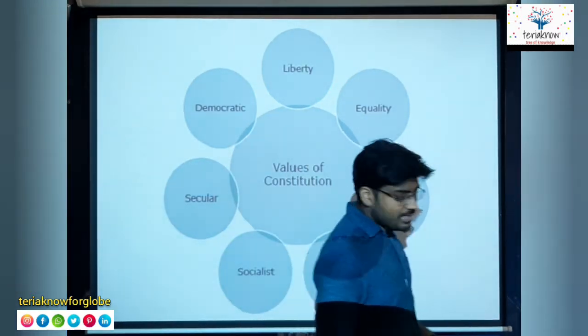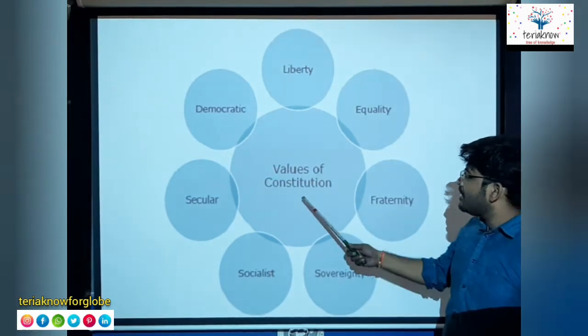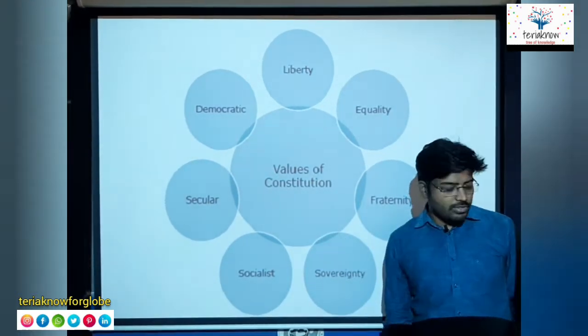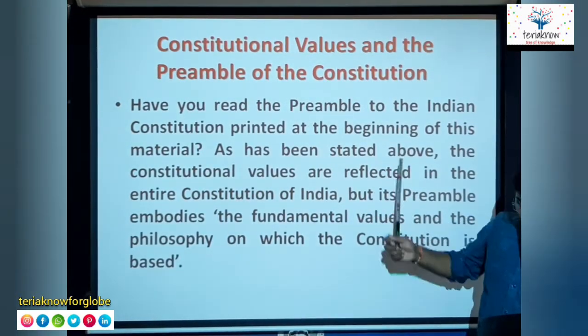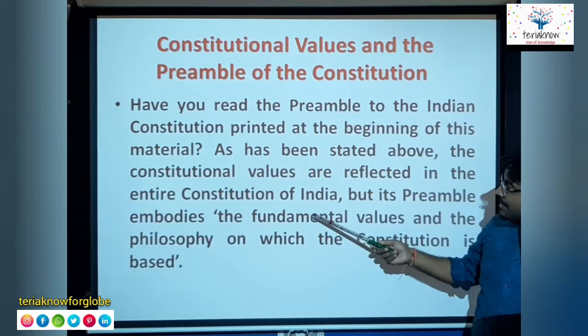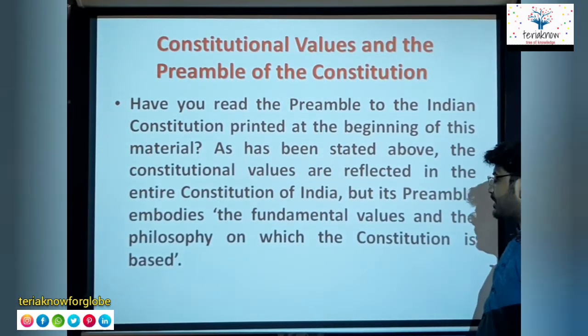Most of the aspects have already been covered within the values of the Constitution. Then constitutional values are also explained by me, the fundamental values and the philosophy on which the Constitution is based.